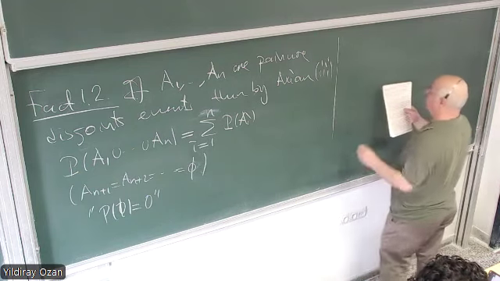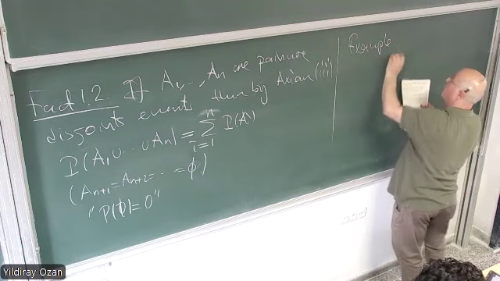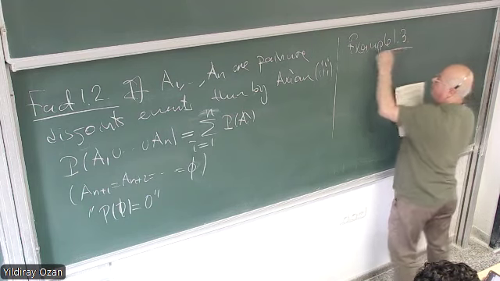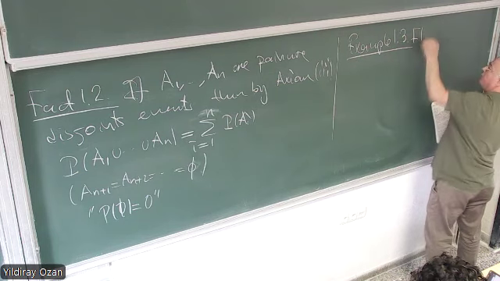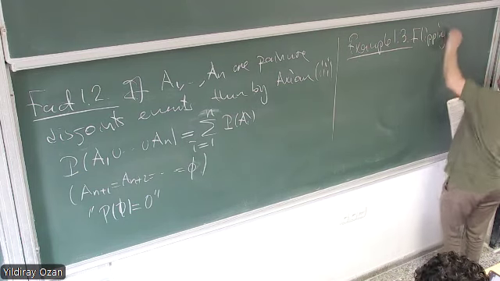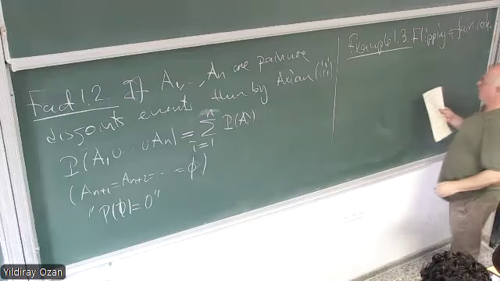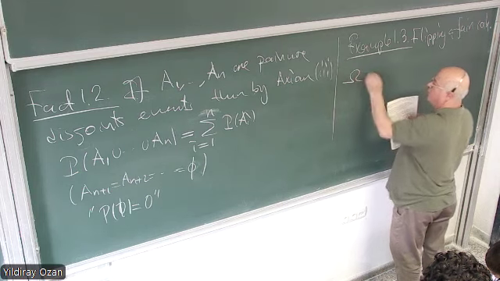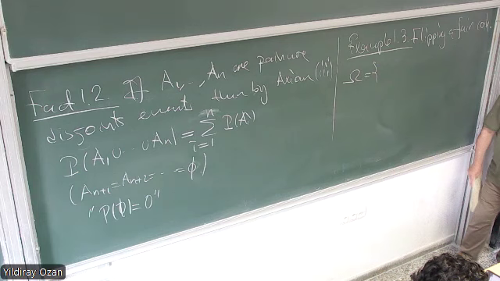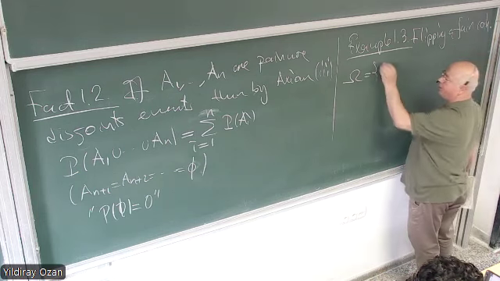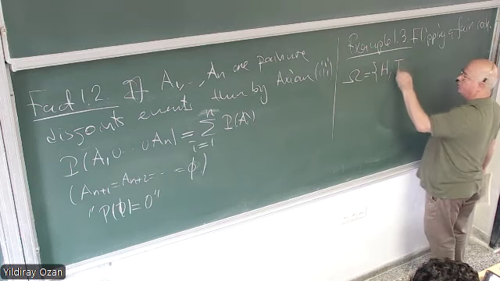So let's see some examples. Example 1.3. Flipping a fair coin. In this case, our sample space is the results of this experiment. When you flip a coin, you either get heads or tails.